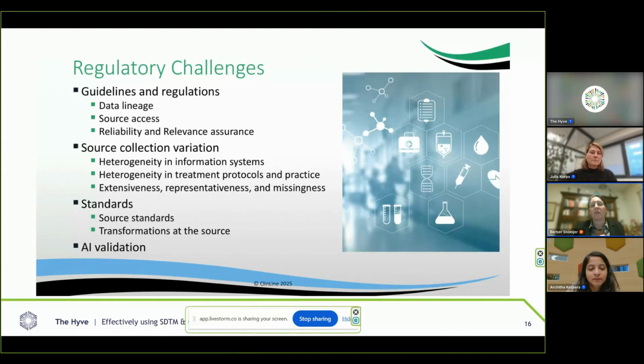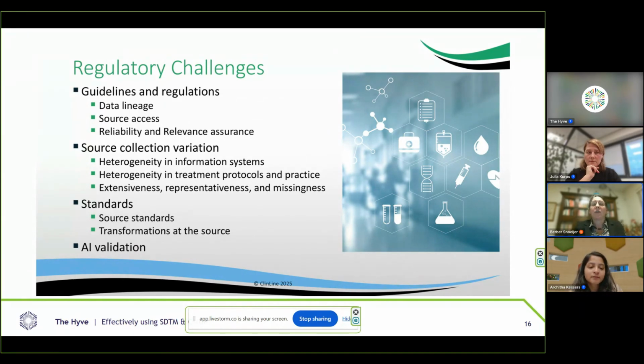That means that you need to be able to go back to the source, and they need to be able to check, okay, this data that you have submitted for this indication, can I also find that back in the source? And that can be challenging, because if you anonymize your data, then that's of course not possible.